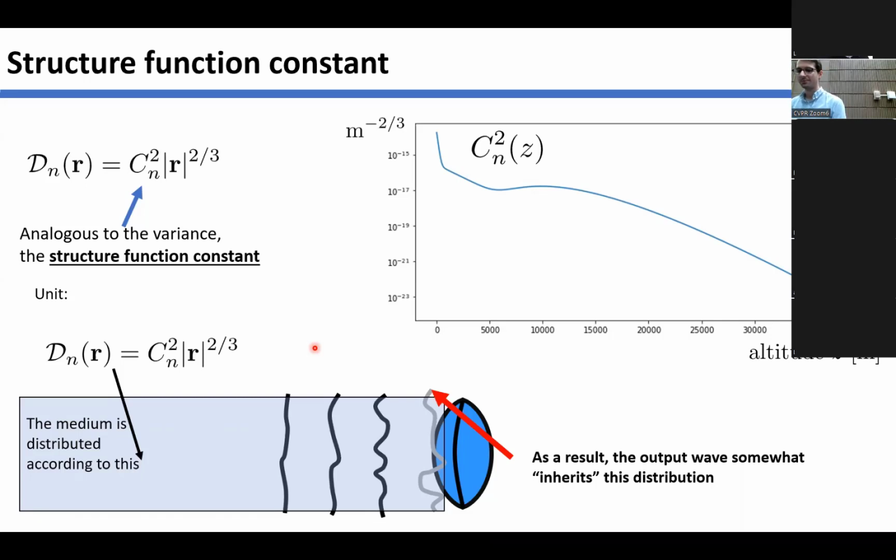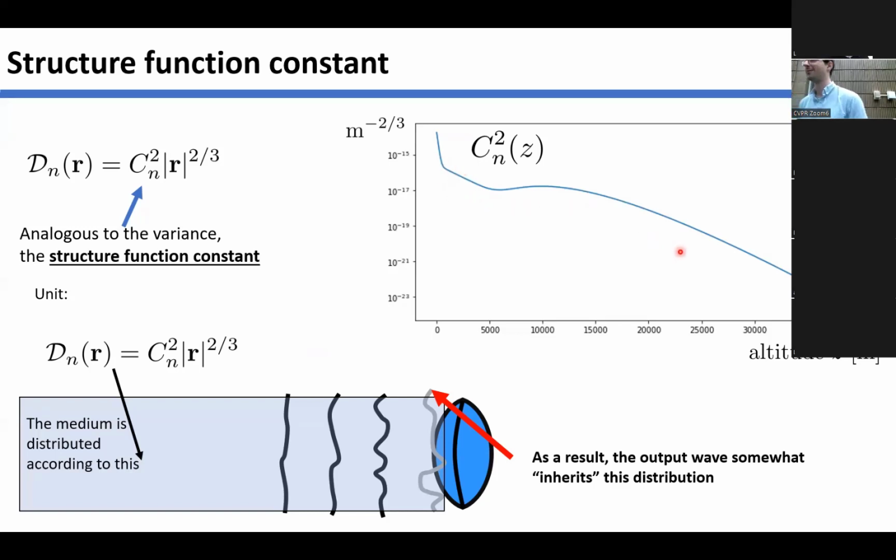So what we'll end up seeing is not only do the indices of refraction have a structure function, but the phase itself, the phase error at my imaging system, also has a structure function. And here we have a plot of CN squared varying with altitude.